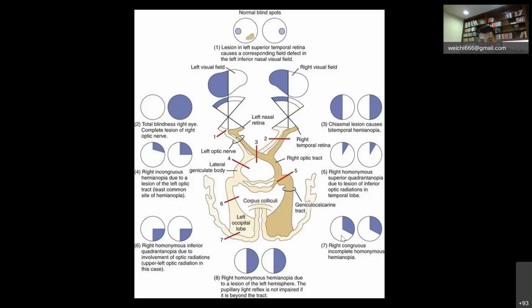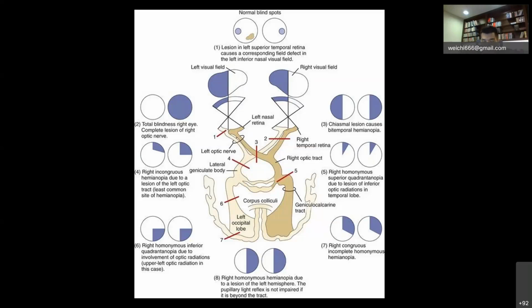If there's only half a visual field defect, we call it hemianopia. Homonymous means they correspond to the same side of the visual field.